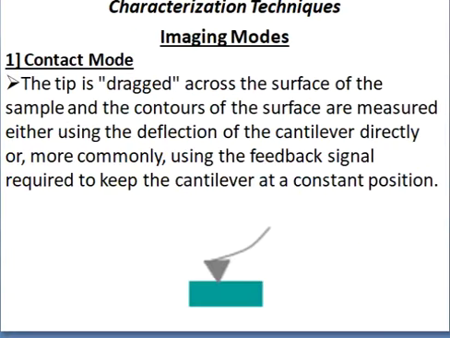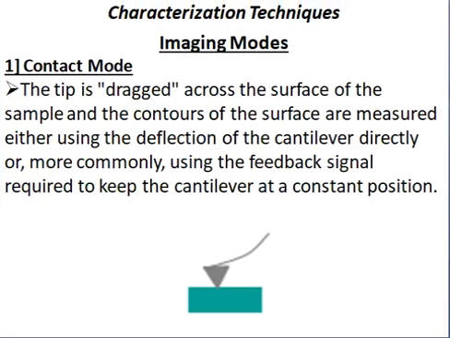There are three kinds of imaging techniques used in this process. The first one is contact mode, as we discussed earlier. Contact mode is used when the tip of the cantilever touches the surface while scanning the image. This kind of phenomenon possesses some problems.